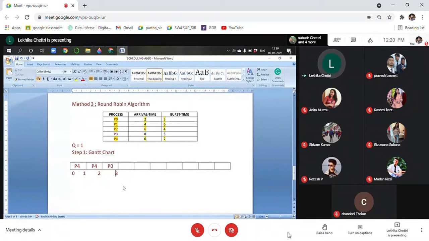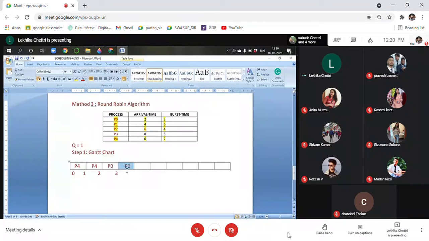So at time equals 3, it comes out of the CPU, it enters into the ready queue, it checks at clock unit 3, is there any other process in the ready queue? No. So what it does is P0, because it was already there in the CPU, will take another clock unit.